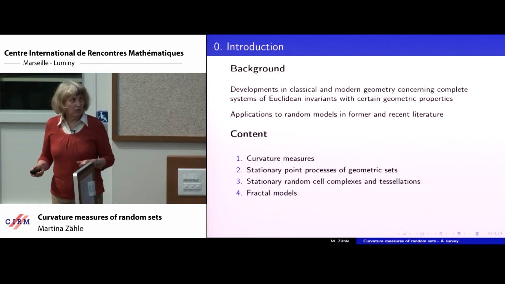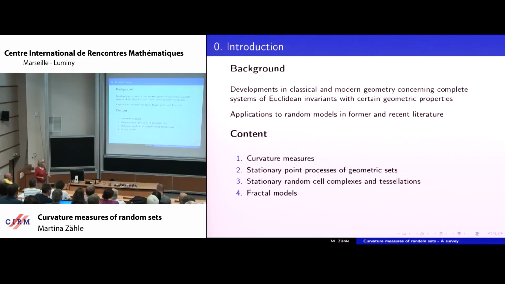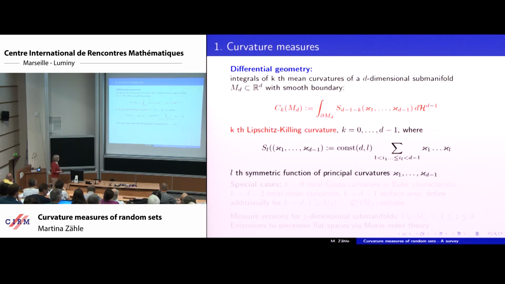Then I will turn to stationary random cell complexes, an extension of tessellations or random mosaics. And at the end, the main part of the talk, I try to introduce some fractal extensions of these approaches. So let's come to the first part.